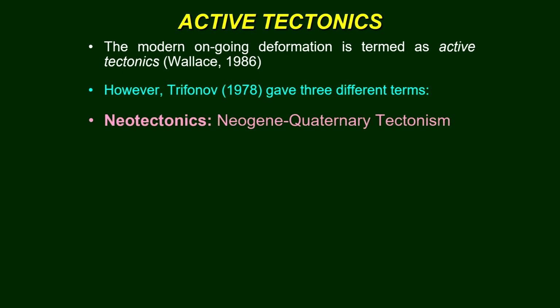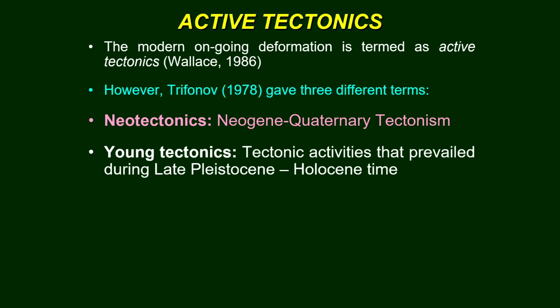One is neotectonics, which we usually call the transition boundary between the Tertiary and Quaternary, Neogene tectonism, and young tectonics, mainly what we are looking at in the Holocene, around 10,000 years from the present. This is the youngest tectonic domain, which prevailed during late Pleistocene and Holocene time.